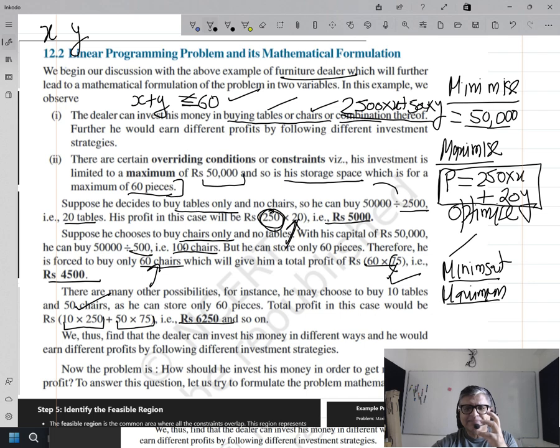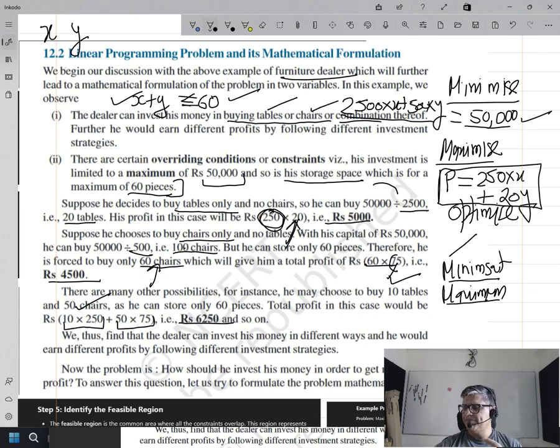A constraint is something which holds us back. We cannot go beyond it. It's a line we cannot cross. We cannot cross the line of 50,000 rupees. We cannot cross the line of storage space. And therefore, whenever we solve these questions, when I go to the step-by-step guide, you will see these words: optimization, constraint, maximization, objective function.